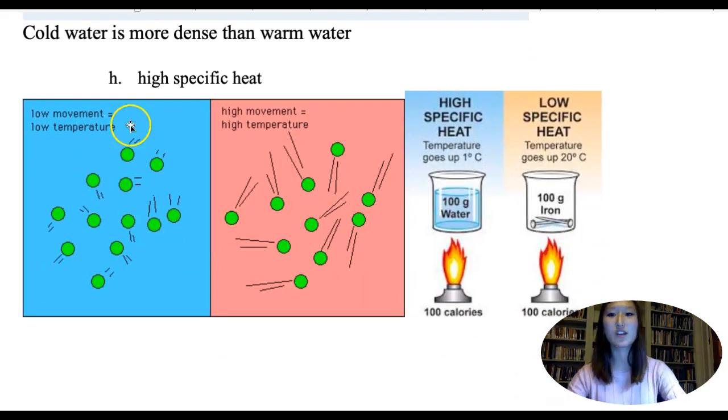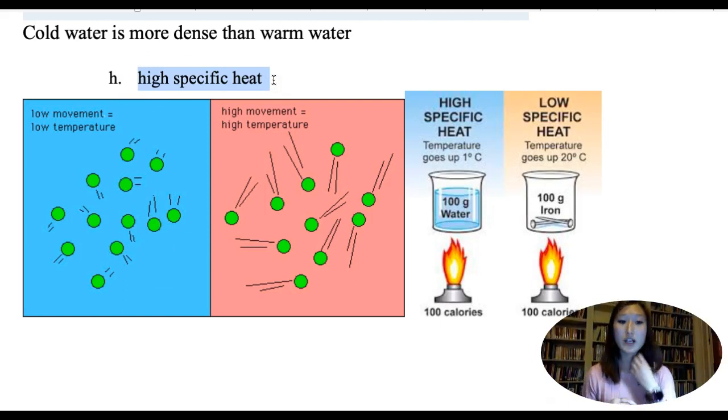The last thing about water is called high specific heat. High specific heat means it takes a lot of heat to increase the temperature of water, and when water temperature lowers, it releases a lot of heat as well. So here's how this works. Think about molecule movement, right?